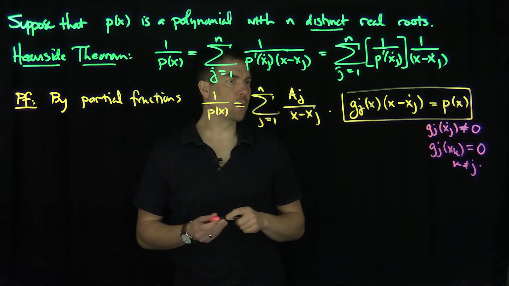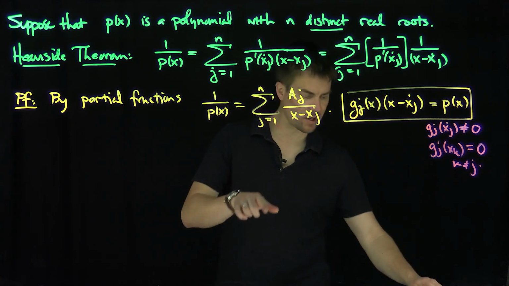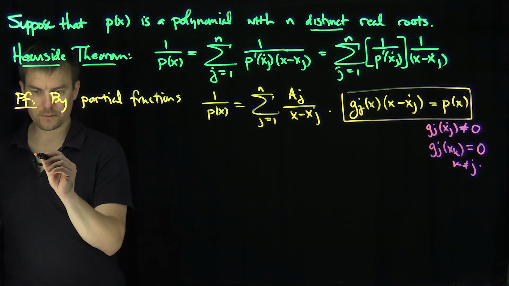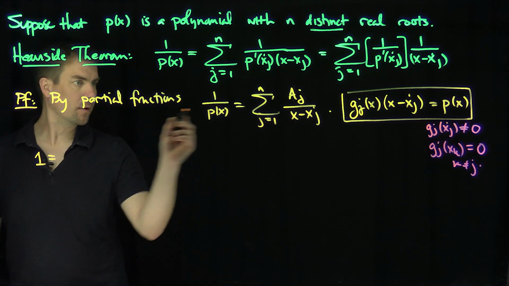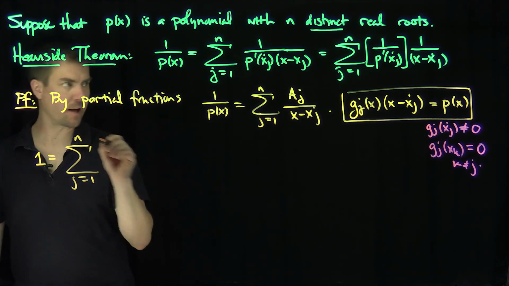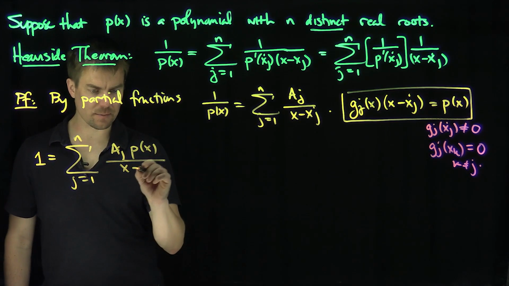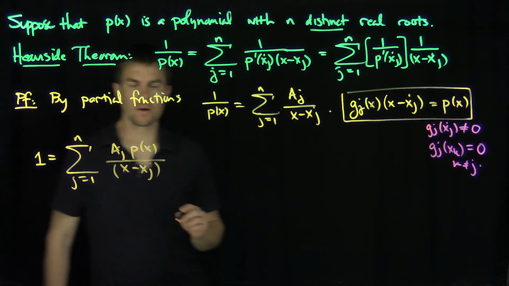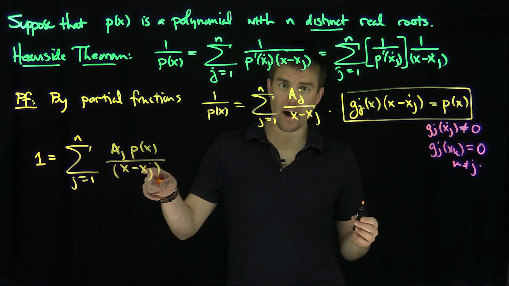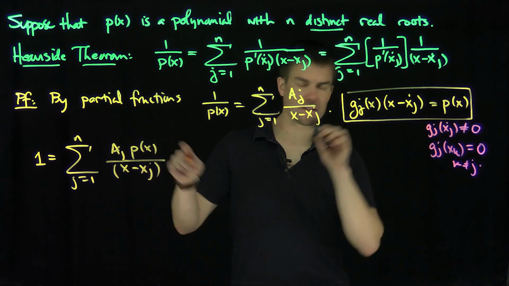Great. Now with these auxiliary functions, we take our partial fraction relationship and multiply by p of x. So 1 is equal to the sum, j goes from 1 up to n of aj times p of x over x minus xj. For each of these terms, I replace p of x with gj times x minus xj.